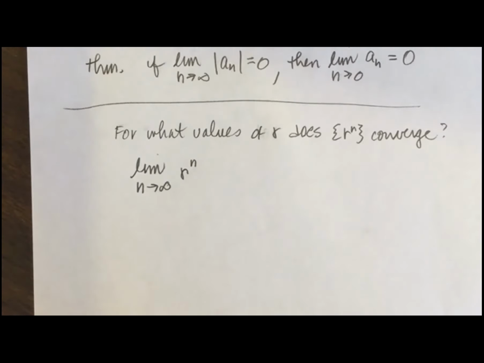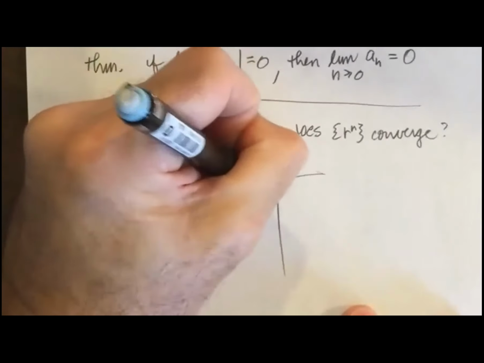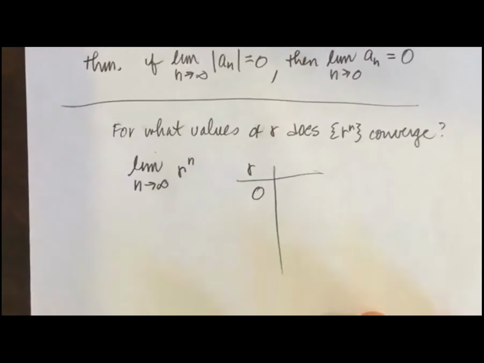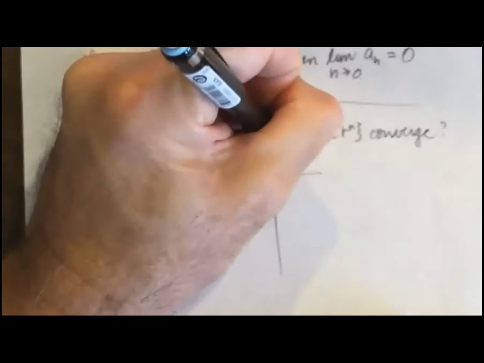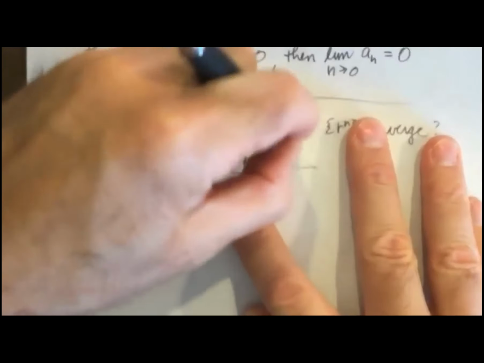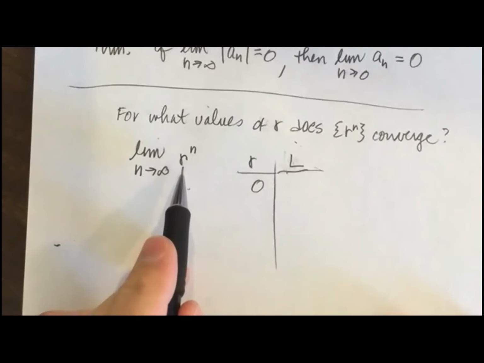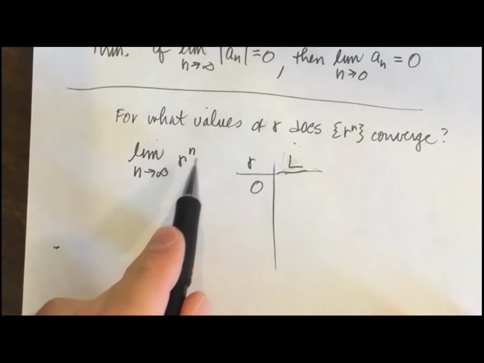So what about if R is 0? What do you think about that? Converge or diverge? If R equals 0, we'll make a list. R, 0. Where does the limit of the sequence go? I'll just write L. Goes to what? 0, because what are all the values? 0 to the first, 0 to the second, 0 to the third.